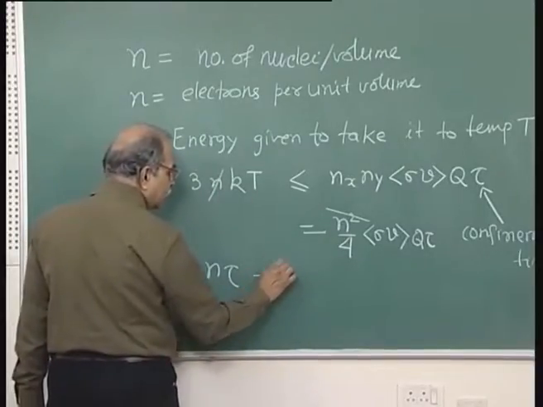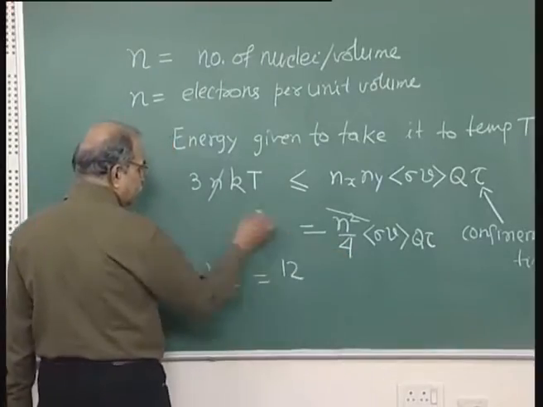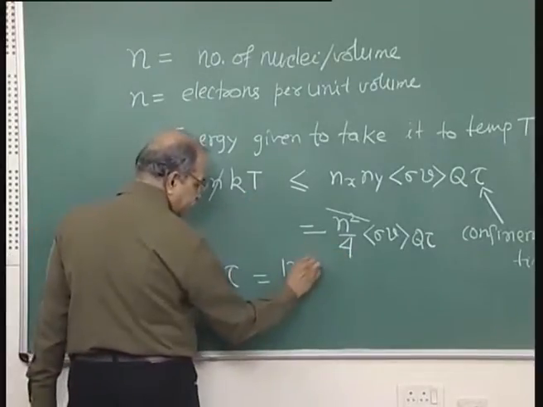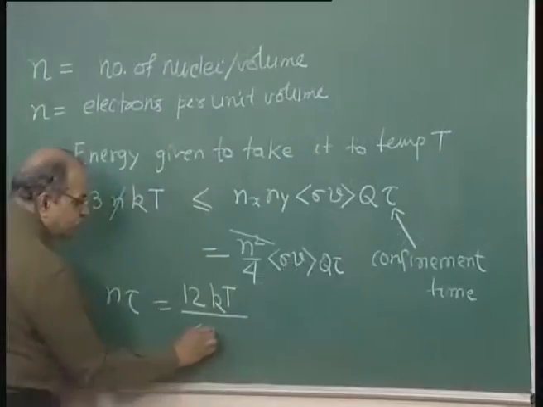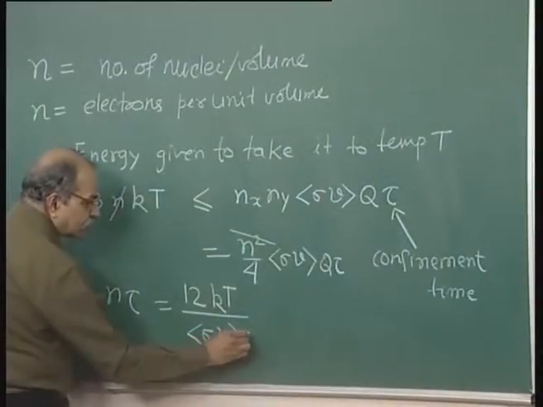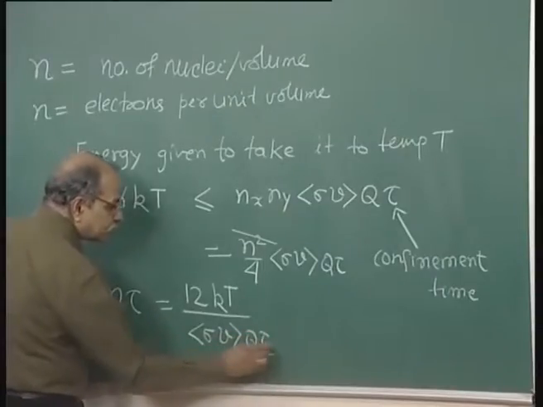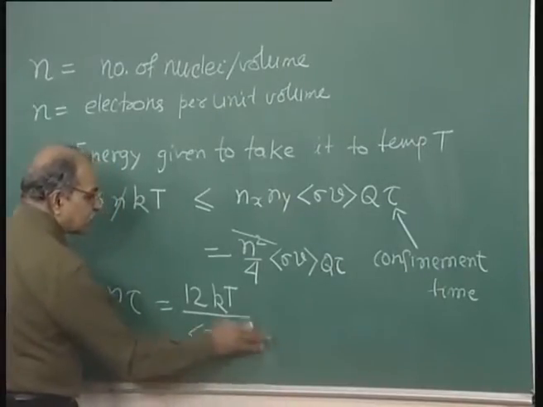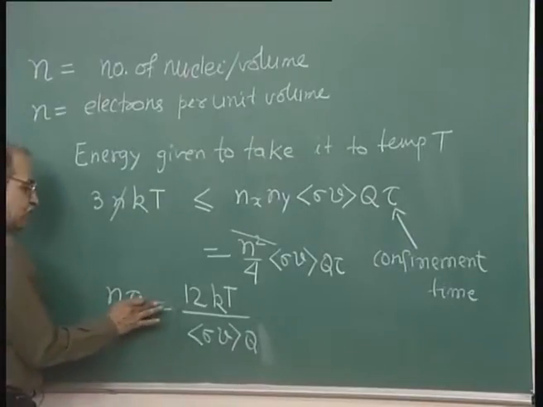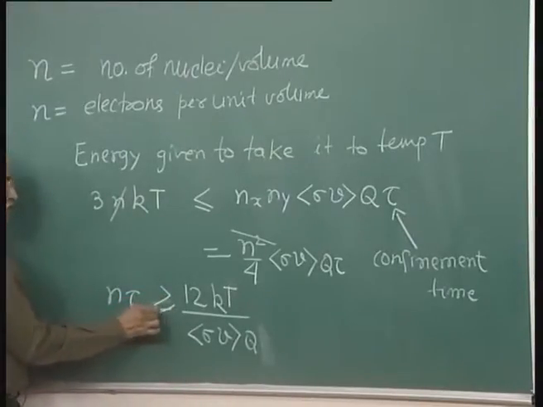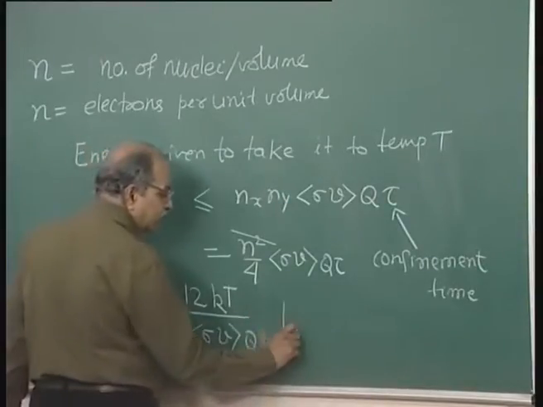So, this should be equal to 12, 4 into 3 is 12 kT, and then that divided by sigma v and Q. Tau is there, tau we have already written here. So, it should be greater than or equal to this. This is the famous Lawson criterion.